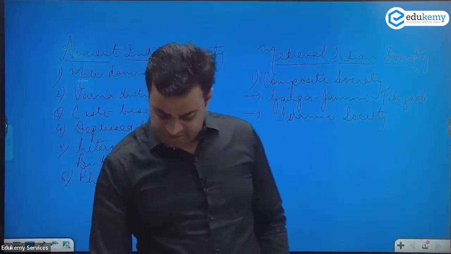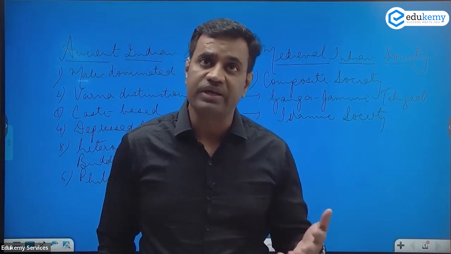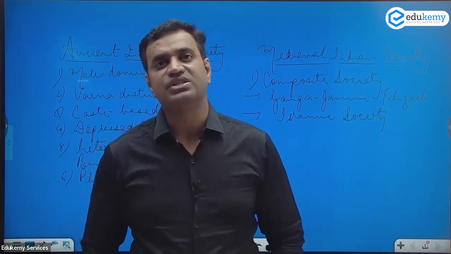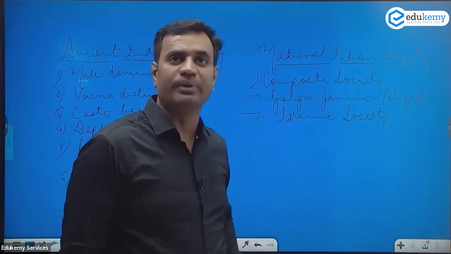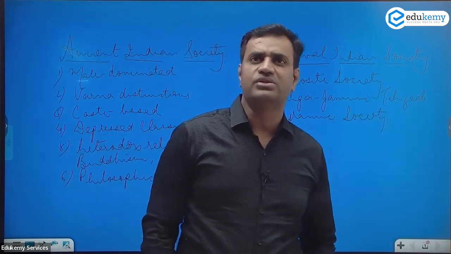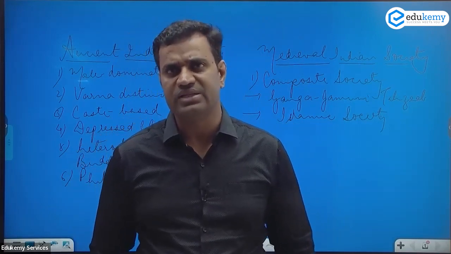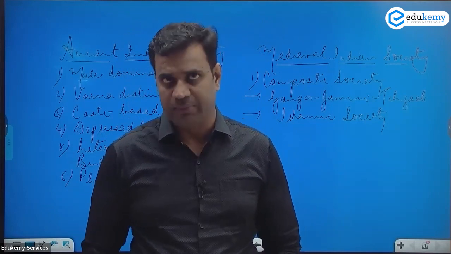Now, with the addition of Islamic society, certain more important features began to be added in Indian society. Number one, society here also remained largely male-dominated. Women were not given much importance in medieval Indian society also, except a few women who belonged to the royal family.